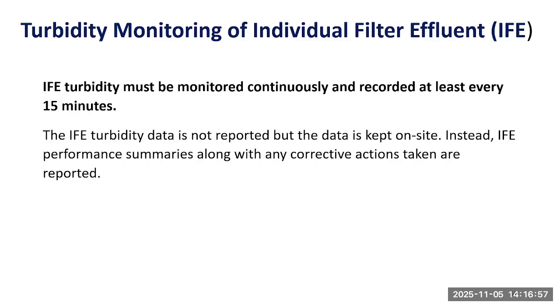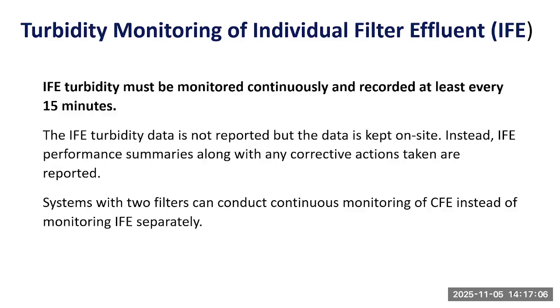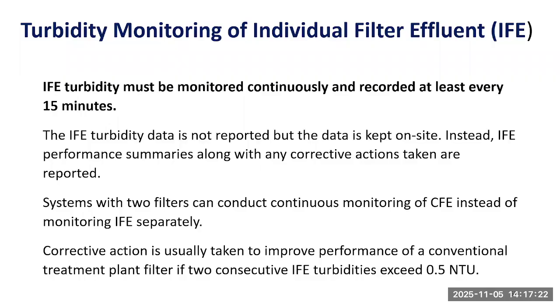You don't have to report that data to the primacy agency, but you have to keep it on site and take any corrective actions that are necessary. Systems that only have 2 filters are allowed to do continuous monitoring, and they don't have to monitor each of the individual filter effluents separately, just at the combined. And once again, if we find issues, we need to do things to correct them.